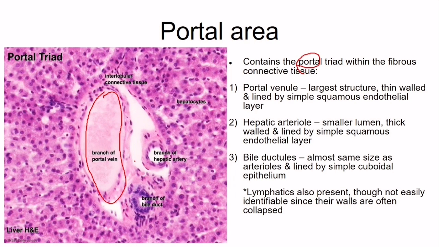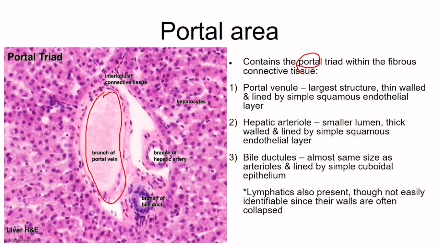All right. Then we can also see that this portal vein is lined by an endothelial cell lining of simple squamous cells. It has an irregular lumen, so that's how we can identify it. The hepatic arteriole, this is our hepatic arteriole. This one is a terminal branch of the hepatic artery.